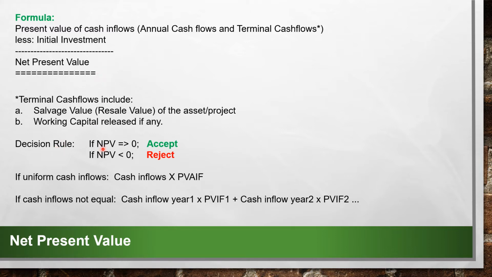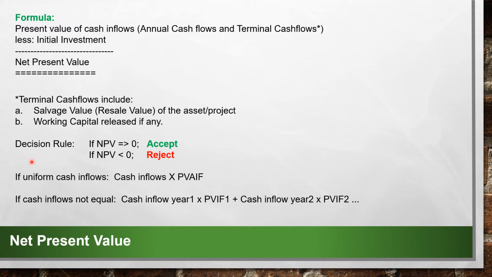So what is our decision rule? If our net present value is equal to or greater than 0, then we accept. If it is less than 0, then reject.